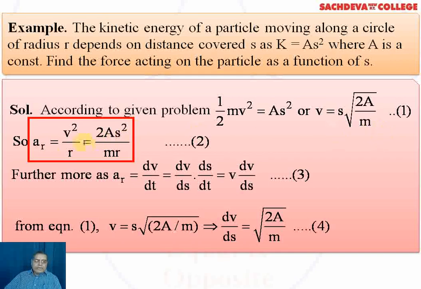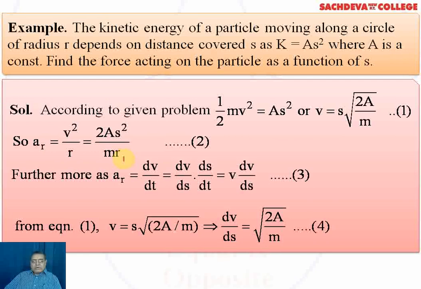Now radial acceleration, that is acceleration along the radius, will be v square over r, also known as centripetal acceleration. We can write this as 2as square over mr. That is, v is taken as s into root of 2a over m according to equation number 1, and then we get the radial acceleration.